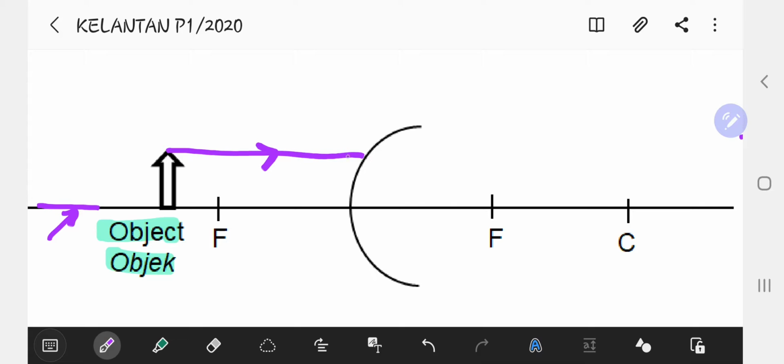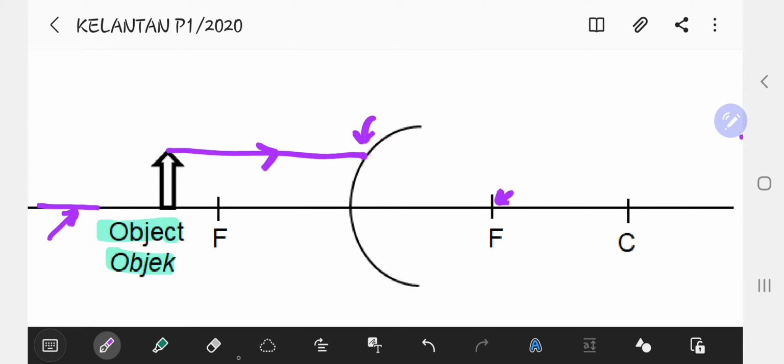So this parallel ray from the head of the object to the mirror will be reflected as if from the focal point. So what you do, you put a ruler joining this point and the focal point.